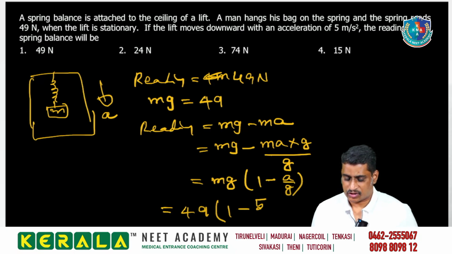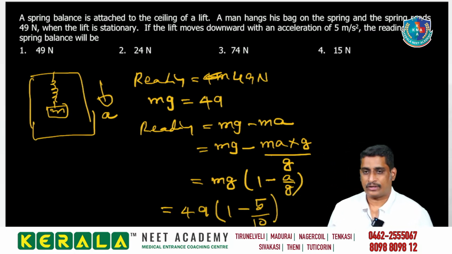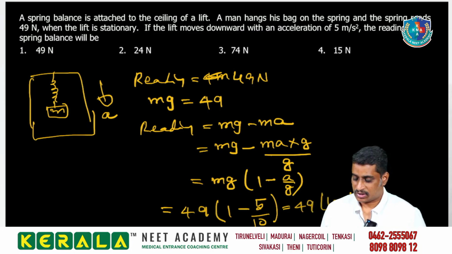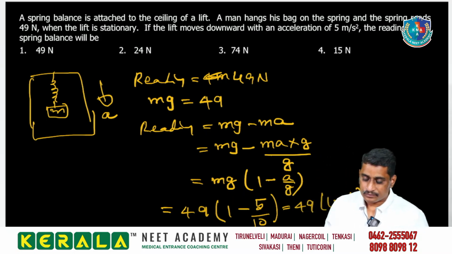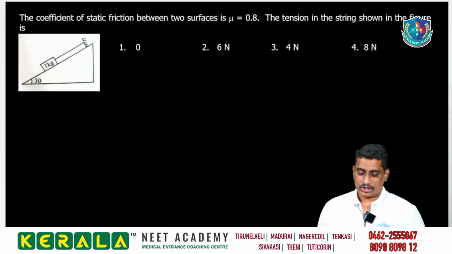To get the nearest answer, we can take acceleration due to gravity g as 10. So this will be equal to 49 into 1 minus 1 by 2. By solving this, we will get the answer to this particular question. This is an example of the apparent weight of a man in a moving lift. Okay, come to the next question.